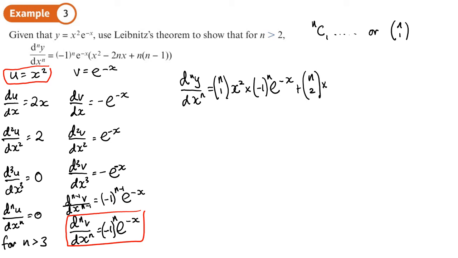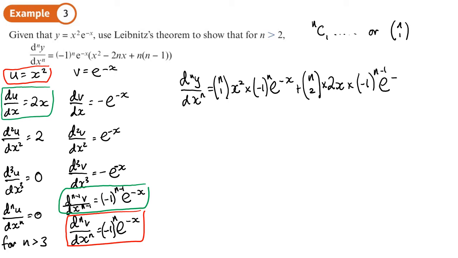That's going to be times 2x times, so that is these two that go together, so that one and this one. So that will be negative 1 to the power n minus 1 times e to the minus x.